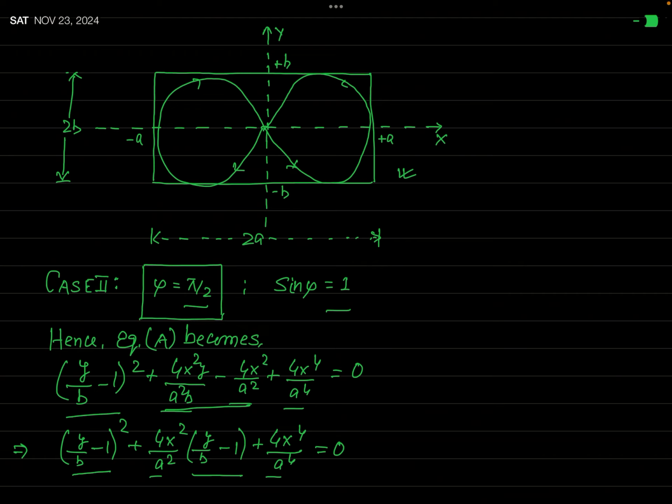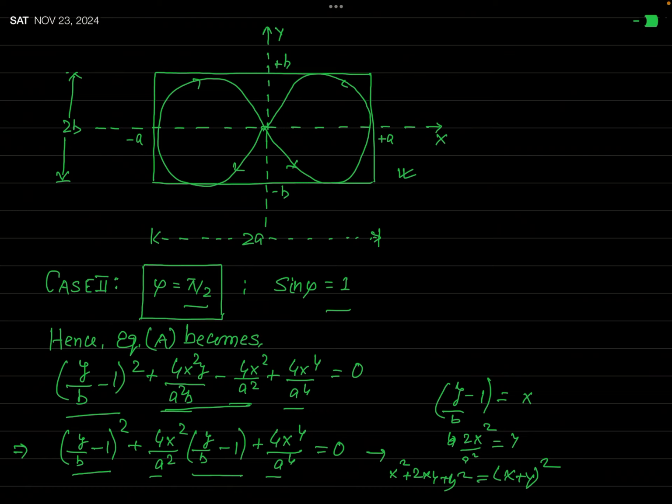Now you can see, if you take this y over b minus 1 equal to, let us say, x, okay, and this 2x square over a square as y, then this expression is actually x square plus 2xy plus y square, and this can be written as x plus y whole square.